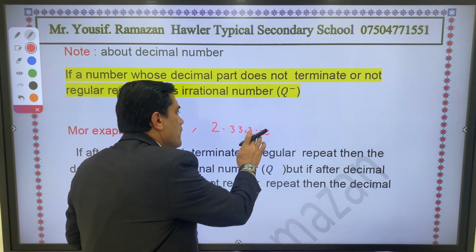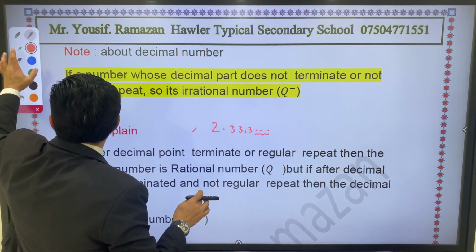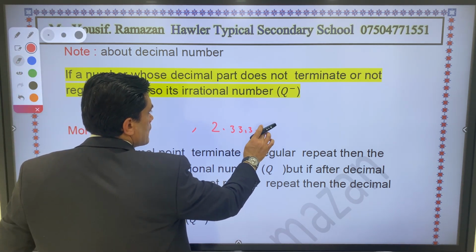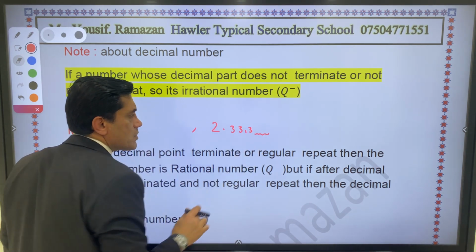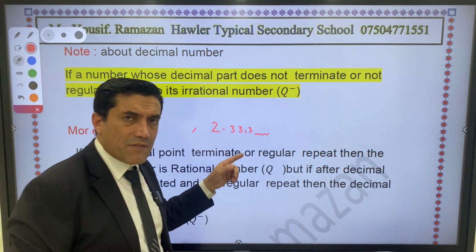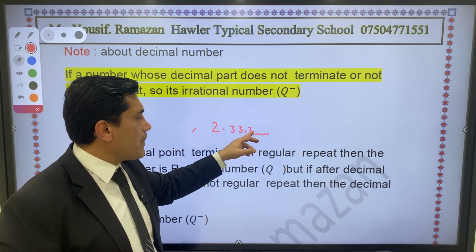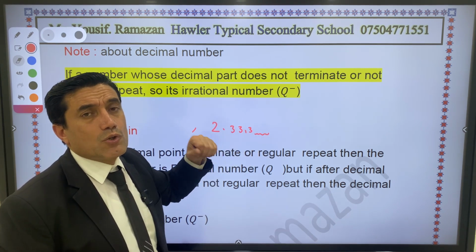But if you don't have the 3 points after the last number, it is terminated. If you have 3 points, it is not terminated.